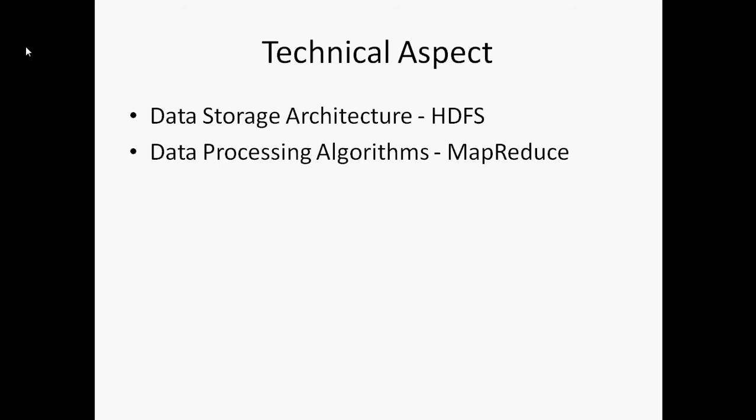But you must have strong technical use of some technologies to solve that particular problem. So in this section we will take a look at the technical aspect and how Hadoop is a best fit to solve big data related problems.